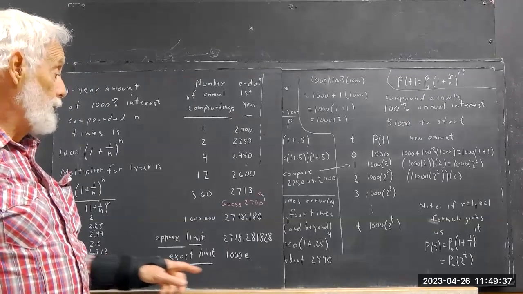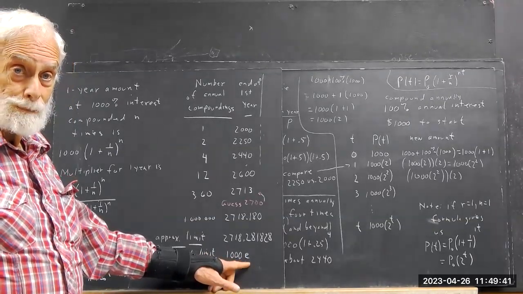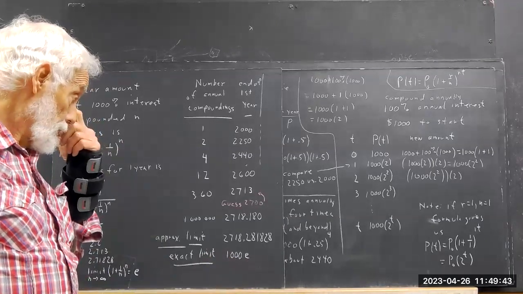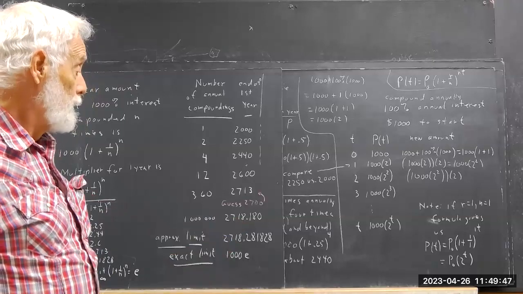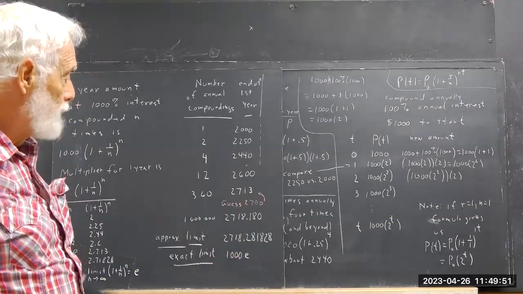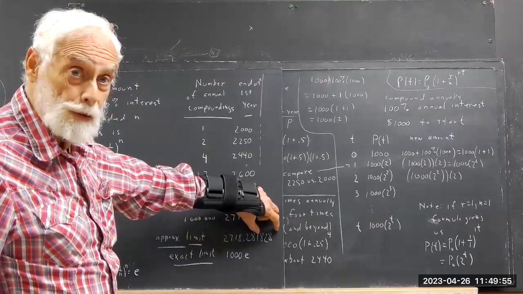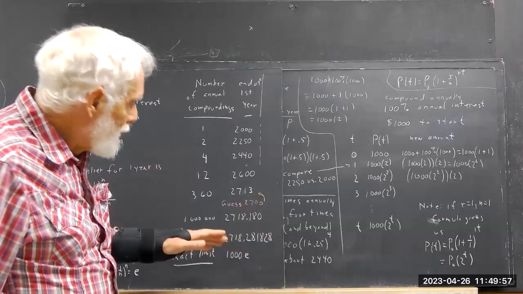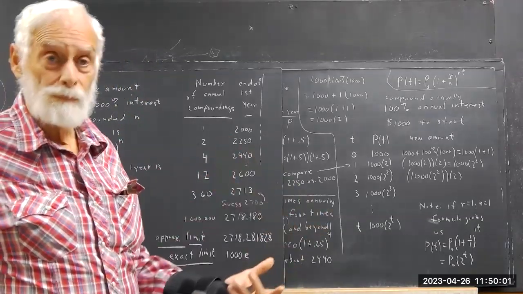And I said, okay, well, the exact limit could be 1,000 times e. I noted that your 1,000,000 compoundings agreed with this approximate limit, and I commented that this approximate limit looks like you've got a repetition, 1828, 1828. It's an irrational number. That 1828 doesn't repeat again for a while.